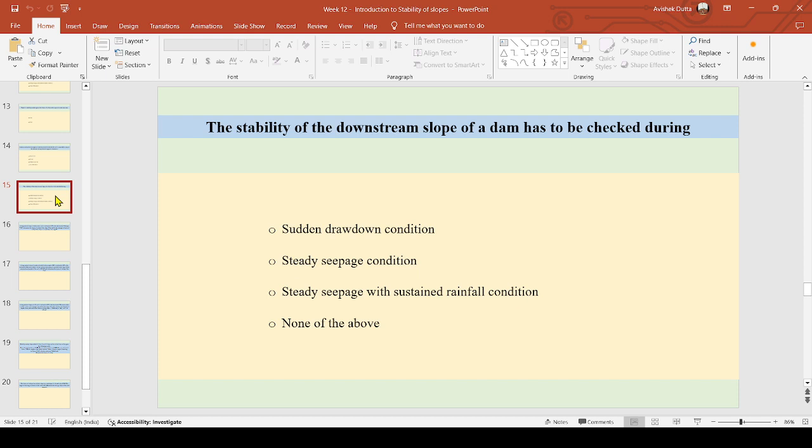In other words, this question means that the stability of the downstream slope of a dam is critical during which of the given conditions, because if it is critical, then it needs to be checked.